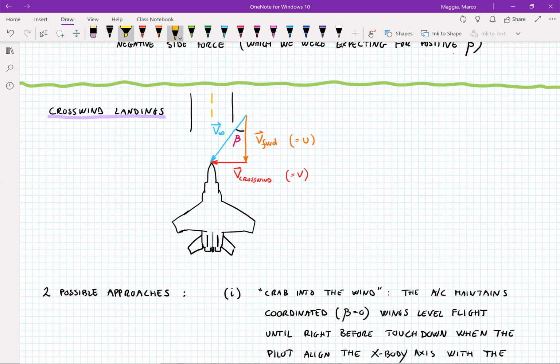So we can decompose the relative wind vector v infinity into a forward component, which is our u component, and the crosswind direction, which is what we know as v.